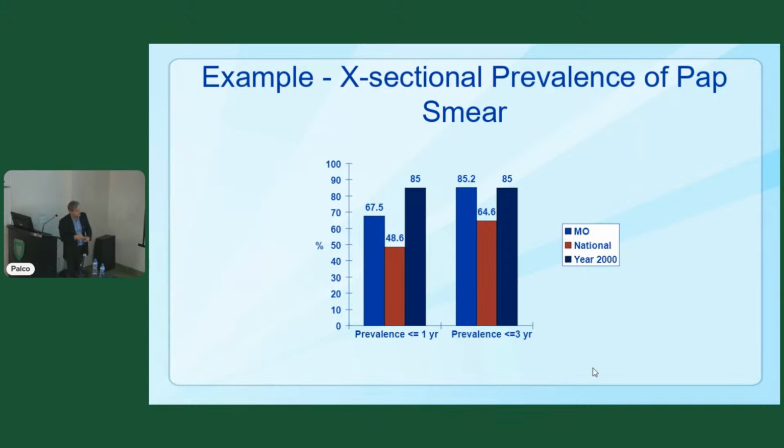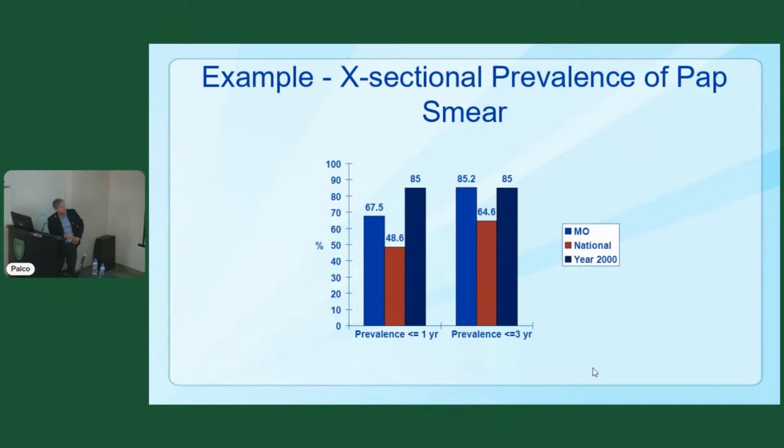You have the prevalence of Pap smear in Missouri is the so-called blue color, that's lighter blue. And year 2000, that's the goal. That's where we want to go. Is the darker, I'm nearly black, but it's really dark blue. And the red is the national level of women that ever had a Pap smear.